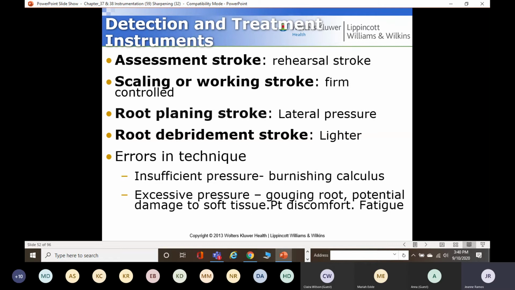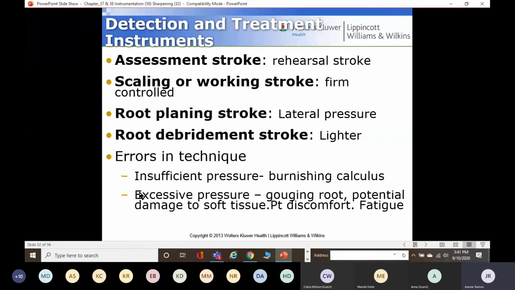A root planing stroke, you're using lateral pressure. Once you hook onto the calculus, then you're going to put pressure against the tooth with your fulcrum and pull it off that way. A root debridement stroke is like that, but lighter. With root debridement, what we're trying to do is not take off this cementum.